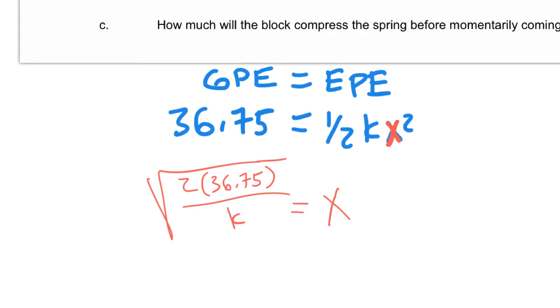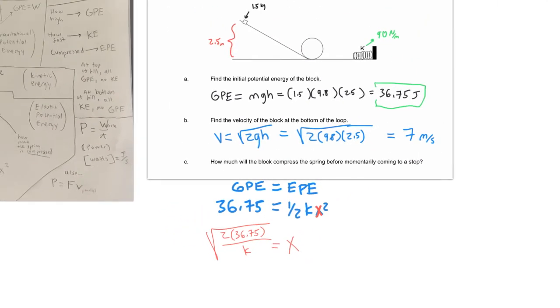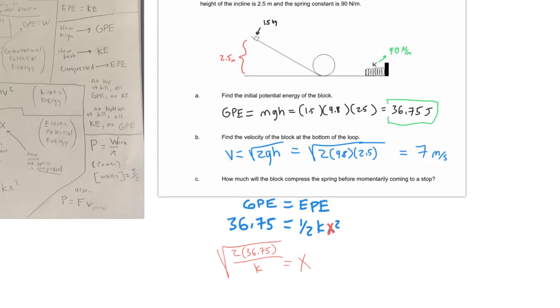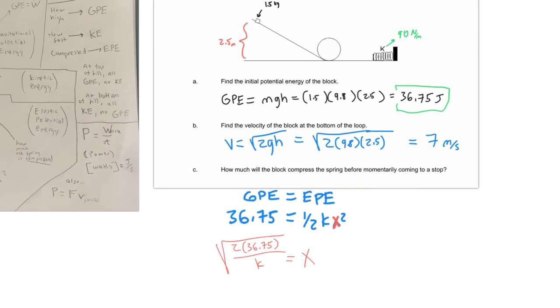Now, again, I like doing this because then I could just do one single calculation in the calculator. So with regards to that k, we already know that this k is 90, okay?